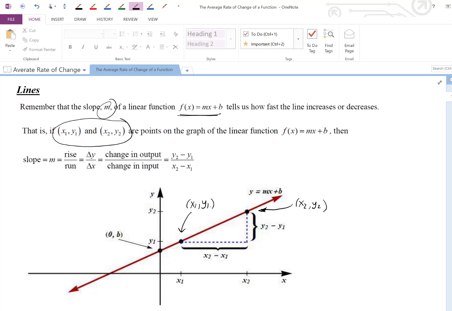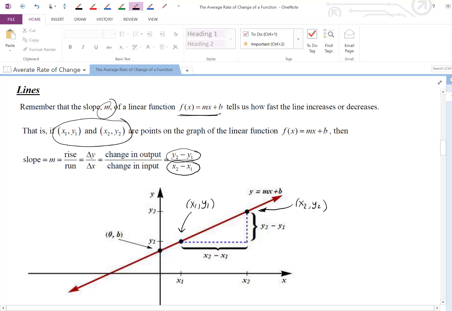And remember what slope tells us: how fast the line increases or decreases. If you set it up this way, you just pick 2 points on the line, any 2 points, and then we talk about the ratio of the change in the y direction, the output direction, over the change in the x direction.